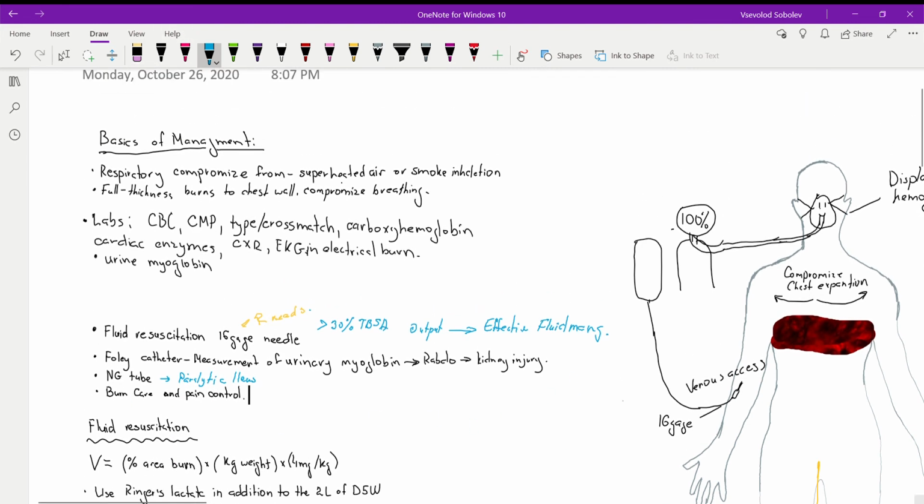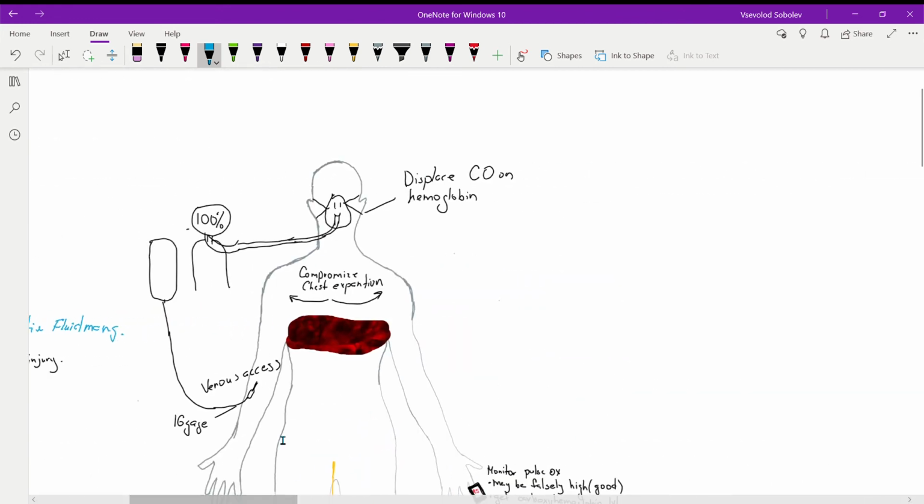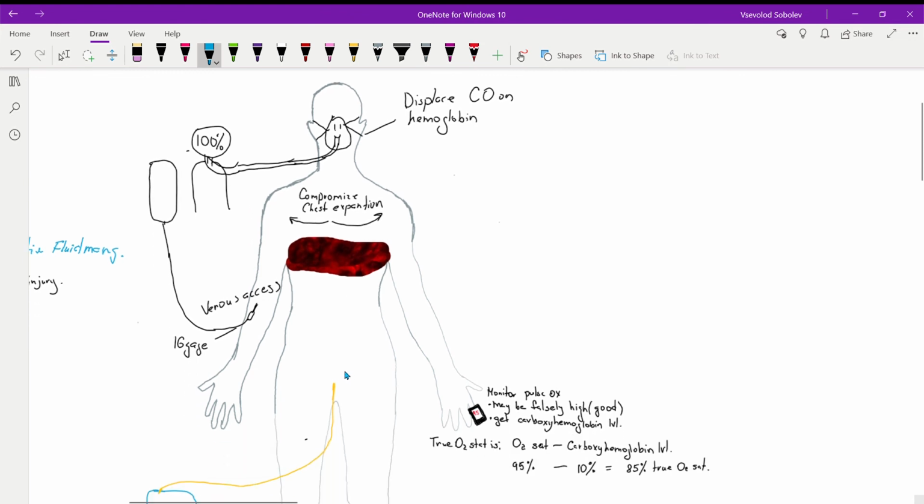So here we have a model in which all of the treatments were applied. We place them on a non-rebreather mask at 100% to displace carbon monoxide on the hemoglobin.